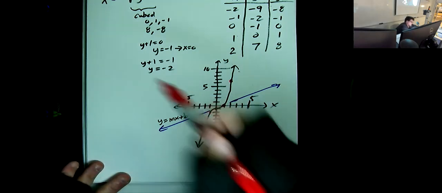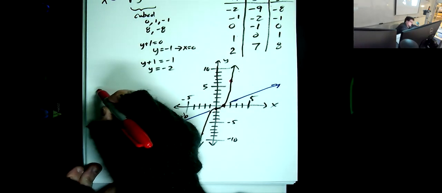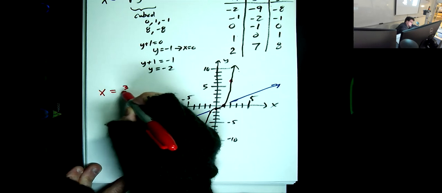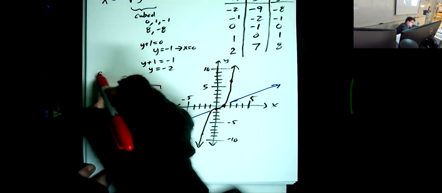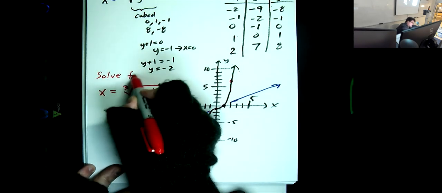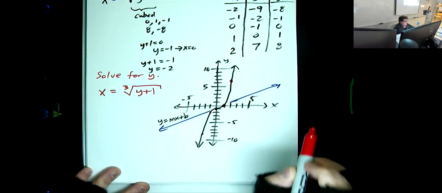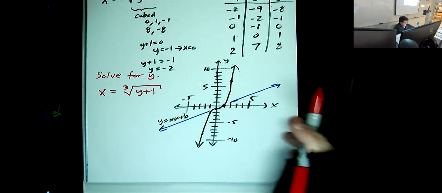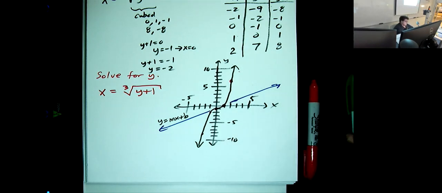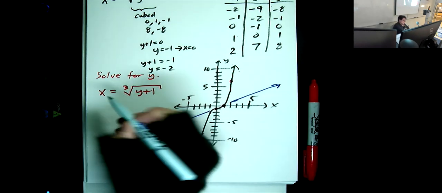Another way we could do this is we could solve this for X or solve this for Y. We're gonna solve for Y. I want to get Y by itself. So right now, Y is trapped underneath a cube root sign.